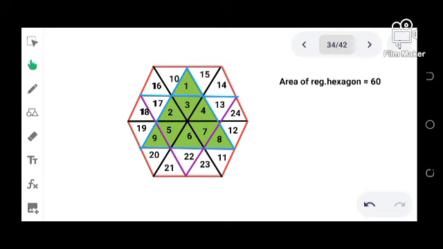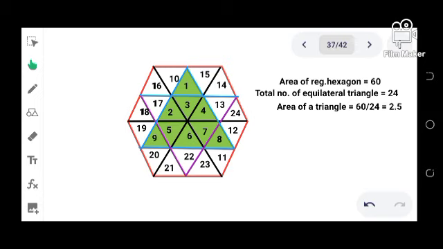Since they are equilateral, they have the same area. That means the total area of the hexagon, which is 60, is equal to the area of the 24 equilateral triangles that form it. So each triangle will have an area of 60 divided by 24, which equals 2.5.